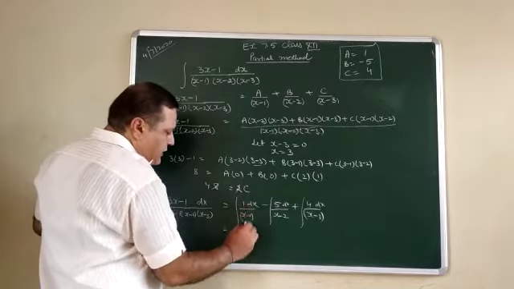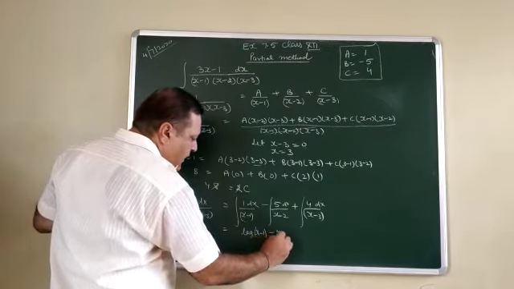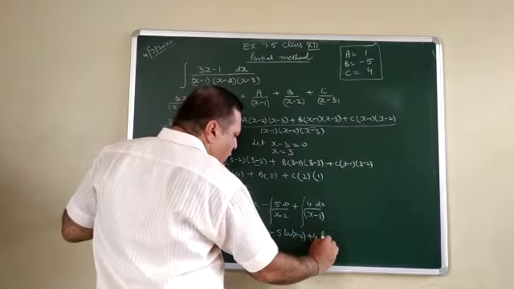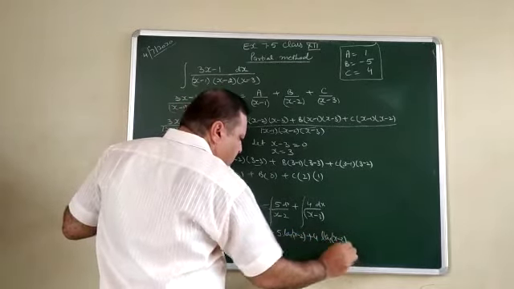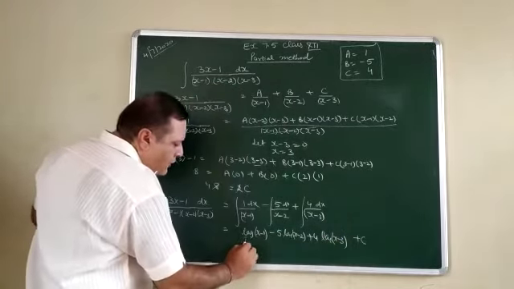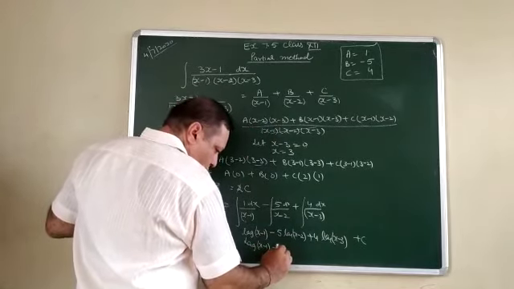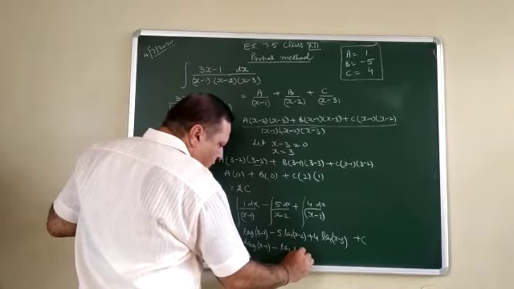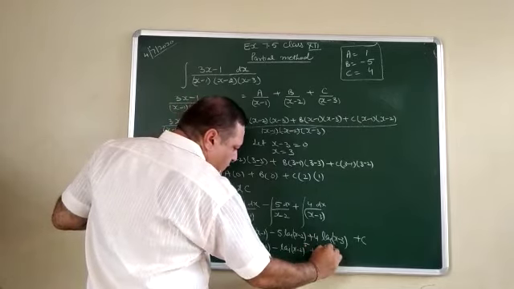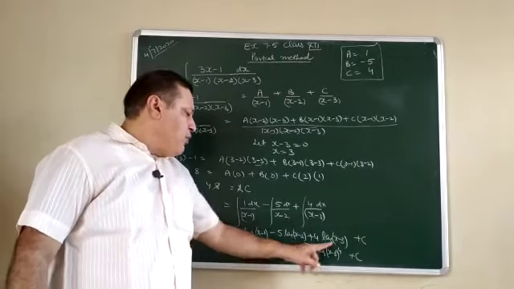See the integration: 1 upon (x minus 1) gives log of (x minus 1), minus 5 log of (x minus 2) plus 4 log of (x minus 3). Now this is your answer, plus C, the constant of integration. Or we can write it as log of (x minus 1) minus log of (x minus 2) to the power 5 plus log of (x minus 3) to the power 4 plus C, meaning the power is transferred according to the formula.